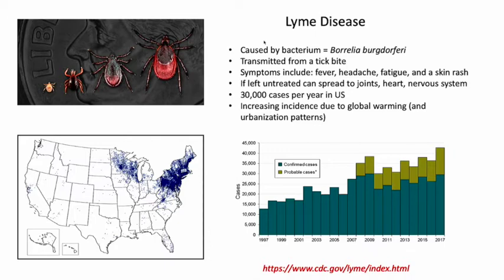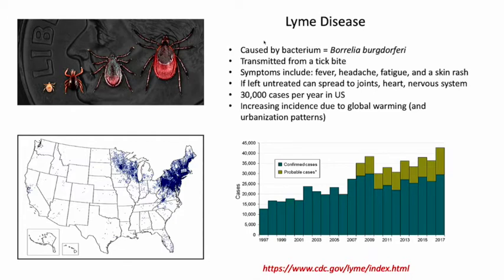Initially, if the tick has Borrelia and it successfully infects you, you get fever, headache, fatigue, and you get this characteristic rash that forms around the bite that's like a little red halo that grows out. When we see this, we can treat it fairly aggressively with antibiotics, and many people respond.